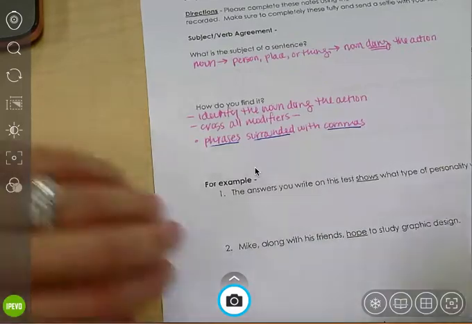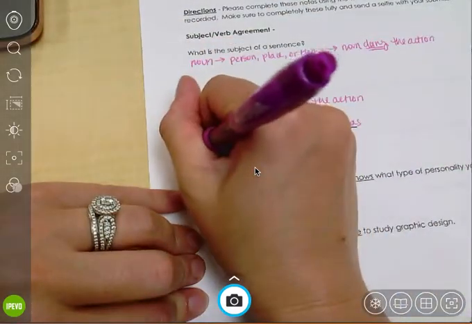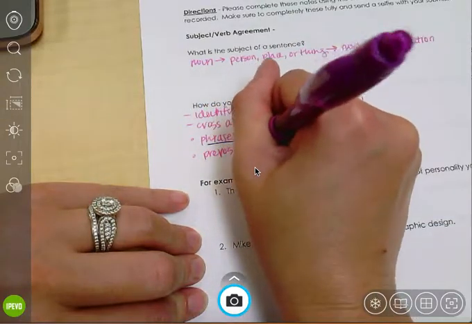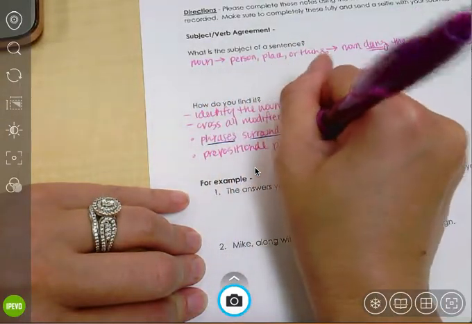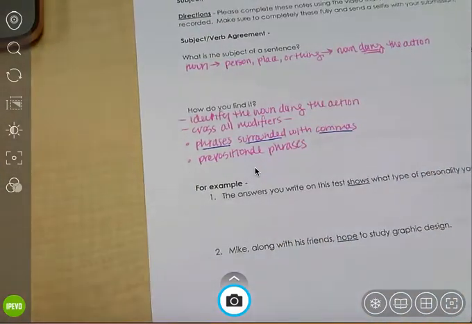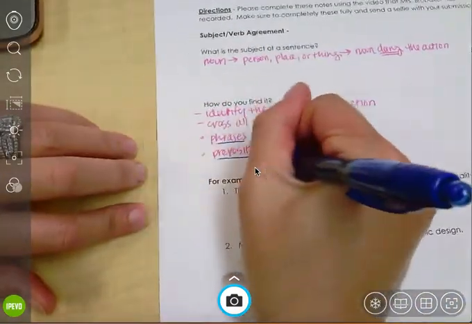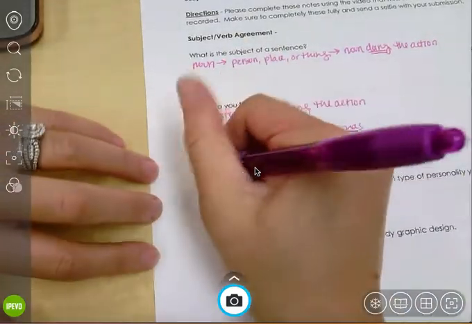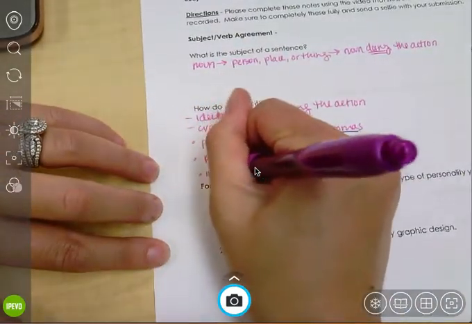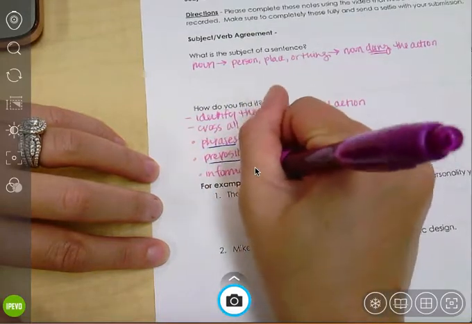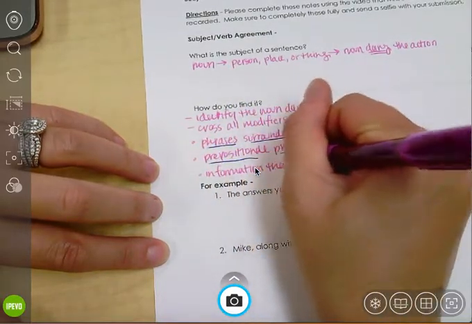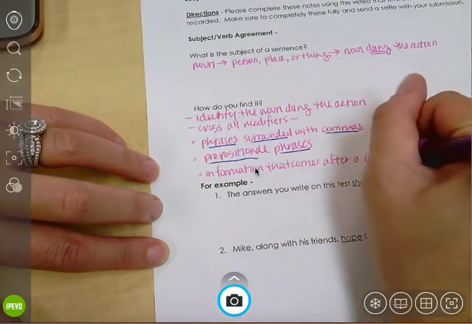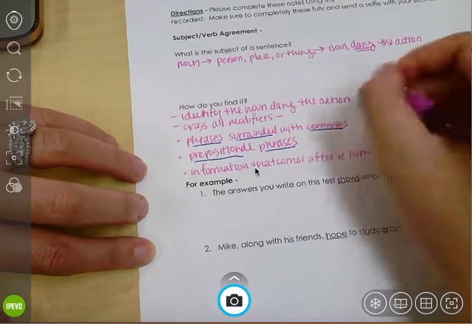This might be what we call a prepositional phrase. This is going to be information that comes after a comma, in a simple sentence.